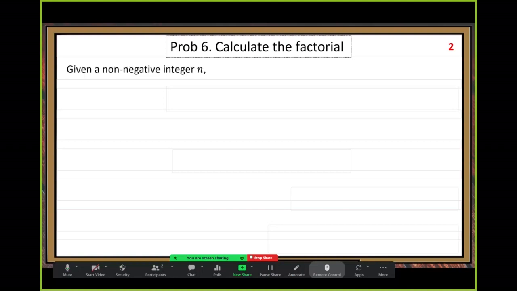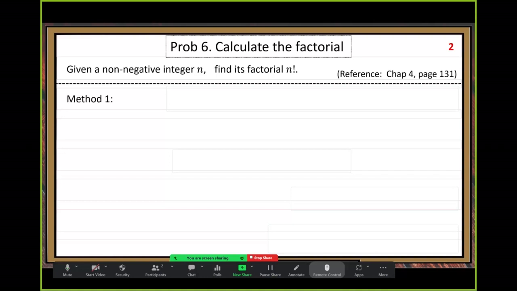Given a non-negative integer n, we want to find its factorial, n factorial. You can use a for loop to calculate it easily, so you do not need a recursion. But here we want to do a practice, using recursive thinking. Method one, iterative way.